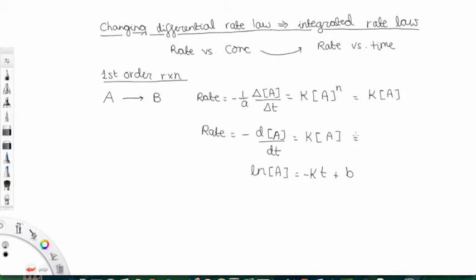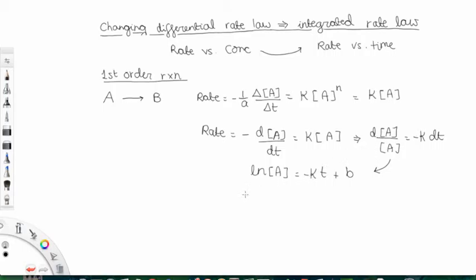From here, the easiest way to integrate this is to separate the variables. So you would go d[A] over [A] equals -k dt. And then from here, it's a lot easier to integrate it.